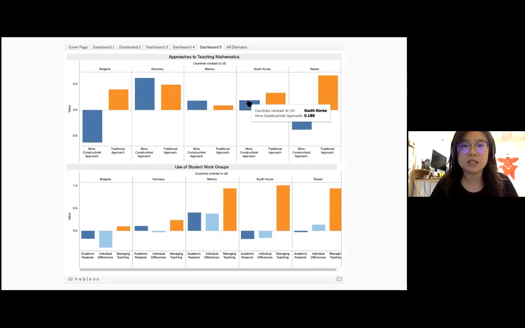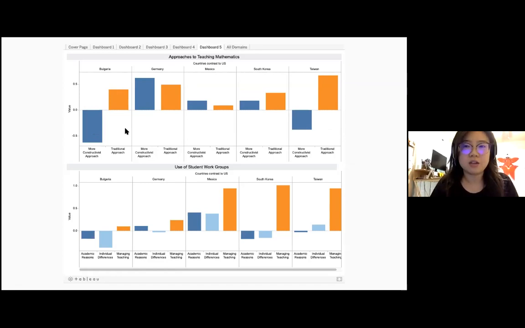All right, so this is the last dashboard, again focusing on the teacher professional belief systems. Again, we see that most of the countries seem to be using both approaches. And again, the US serves as a 0 here, so we are assuming that the US utilizes both approaches evenly.